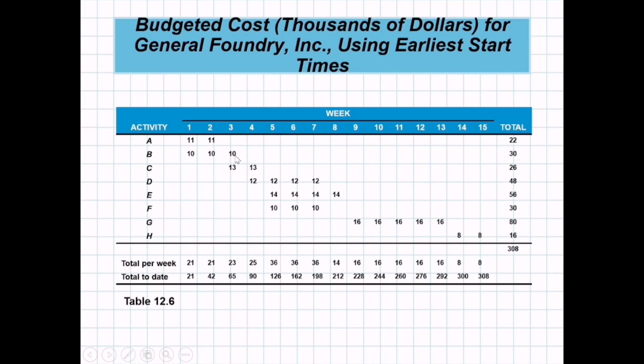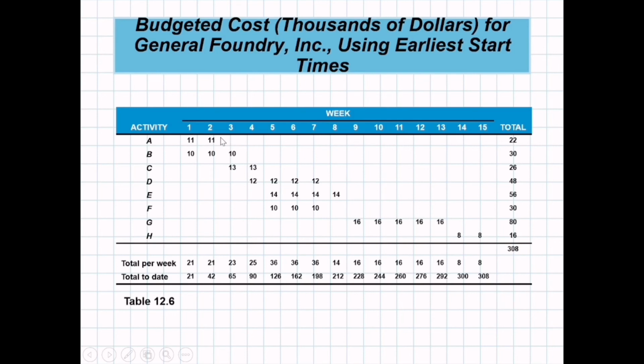At week 3, class, 10,000 is the budget for activity B and 13,000 is the budget for activity C. So 10 plus 13, this is 23. For total to date, you add to the previous. Then the actual budget for that week, that makes it 65. 42 plus 23, 65. Then week 4, activity C 13.